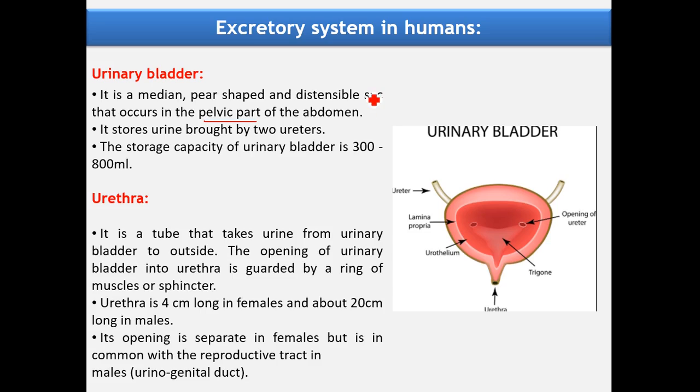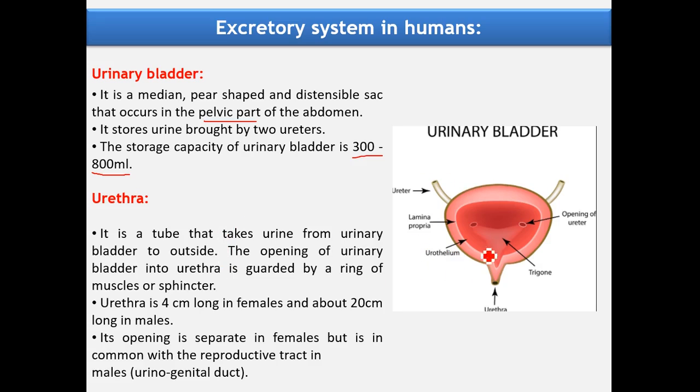The reproductive parts are protected in this area. The main function of the urinary bladder is to store the urine brought by the ureters from the kidney, and its capacity is 300 to 800 milliliters.